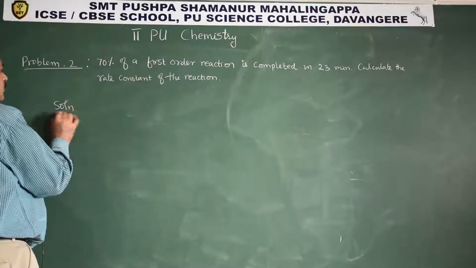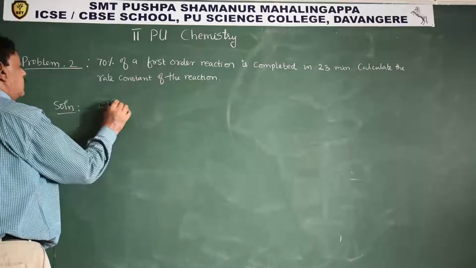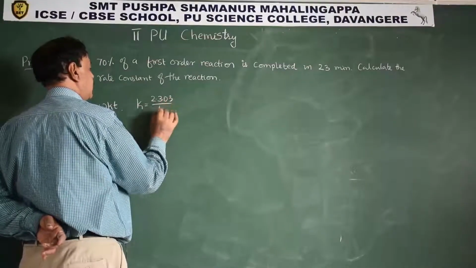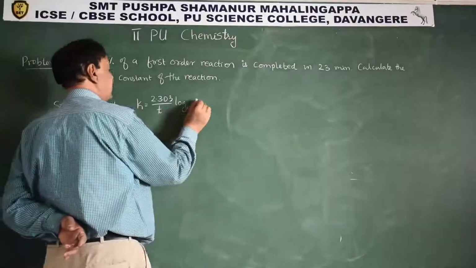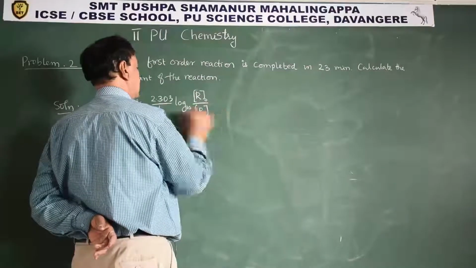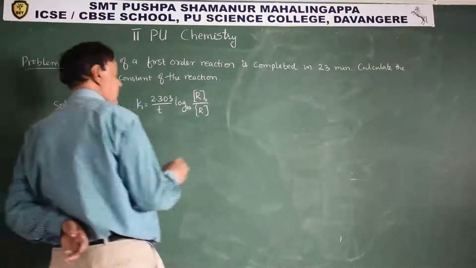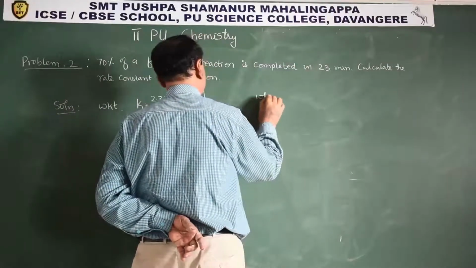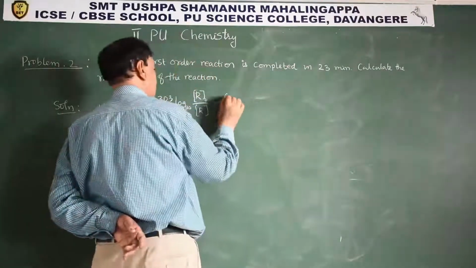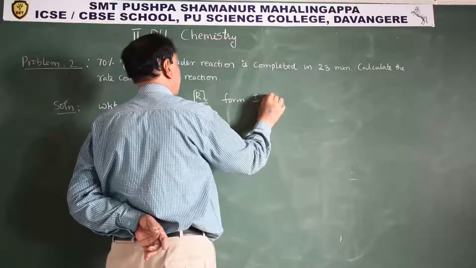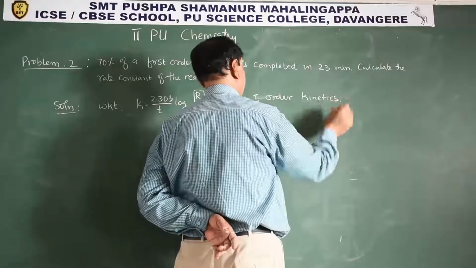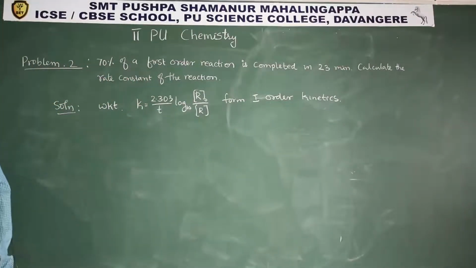Solution. We know that k is equal to 2.303 divided by t log base 10 of R naught divided by R, from first order kinetics.